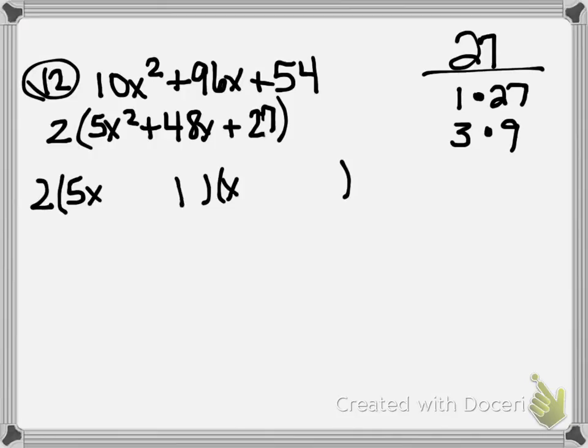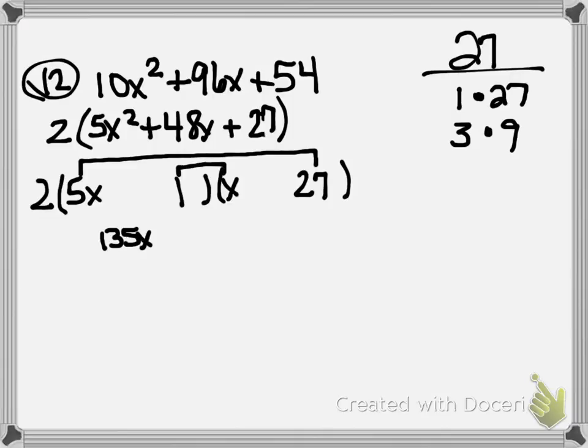And that's going to change the things that we get when we add our products. So let's take the 1 and the 27. Well, if we were to multiply that out, 27 times 5 would give us 135x, and then the 1 times the x would give us an x. There's no way we're going to get to 48x when we combine those.